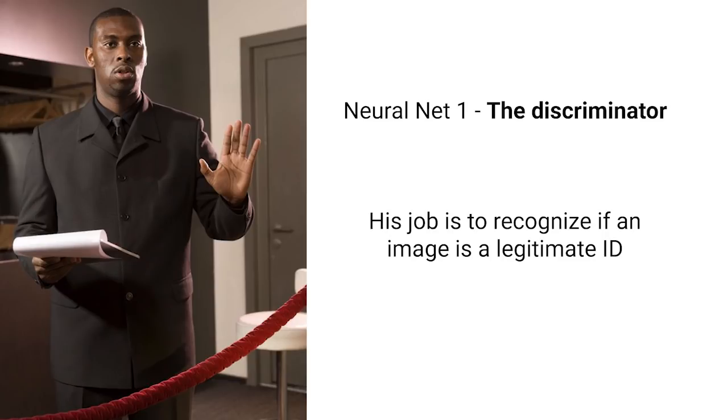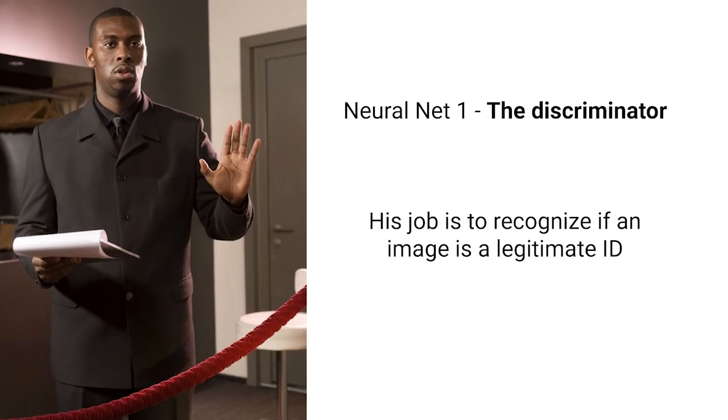So to illustrate that, I have this very nice and legalized example. We're going to, for example, generate images of IDs. So our first neural net is a discriminator. You can think of it like the bouncer at the nightclub. His job is just to recognize if an image of an ID is really how an image of an ID should look. He's just really good at identifying that. And the second one is the generator.